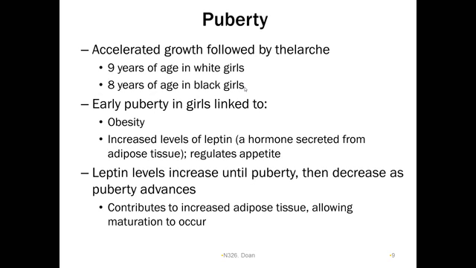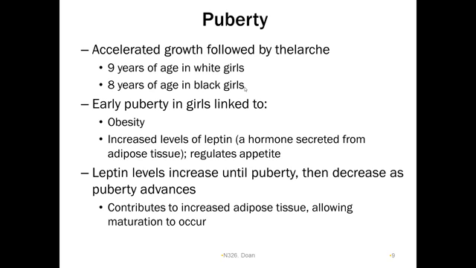Although leptin is not the trigger for puberty onset, it plays an important permissive role. Leptin contributes to increased adipose tissue and perhaps allows for maturation to occur.